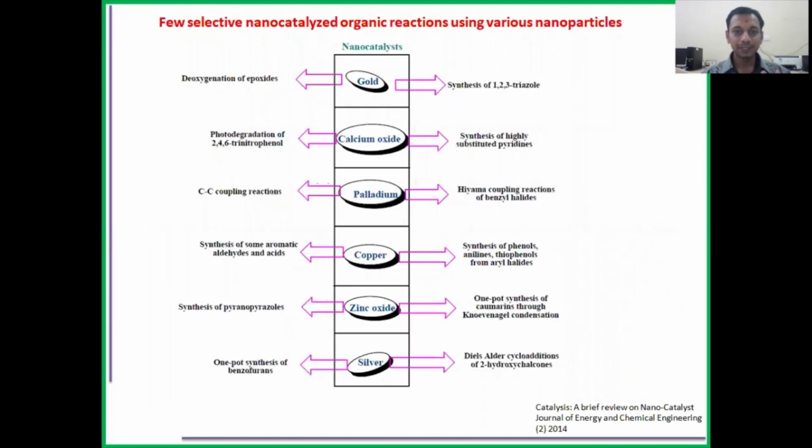Nanoparticles of gold, palladium, copper, zinc oxide, and silver are most important in the field of nanocatalysts. You can see the different reactions: synthesis of highly substituted pyridines, synthesis of 1,2,3-triazole by using gold, and deoxygenation of epoxides. These types of reactions we can do by nanocatalysis.